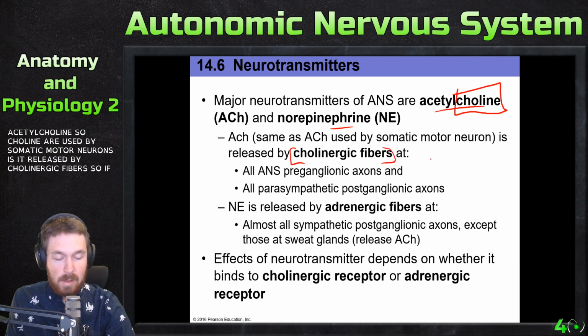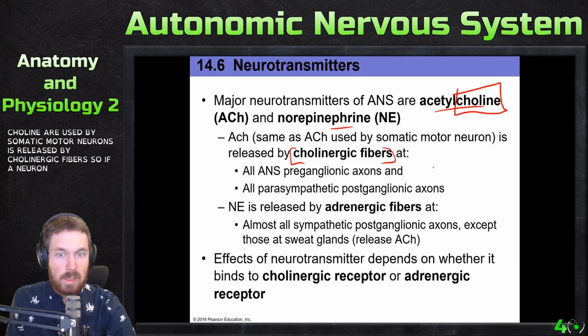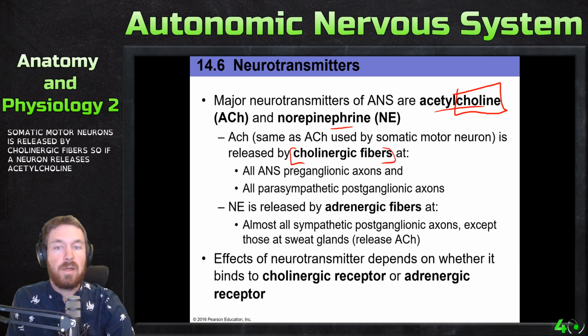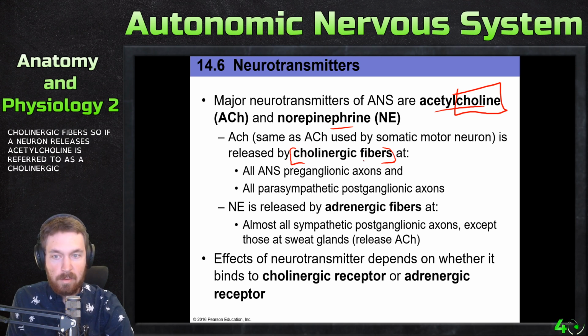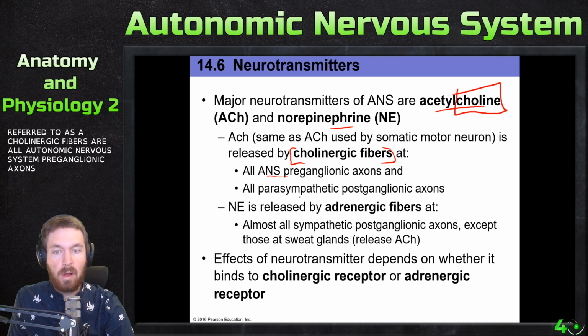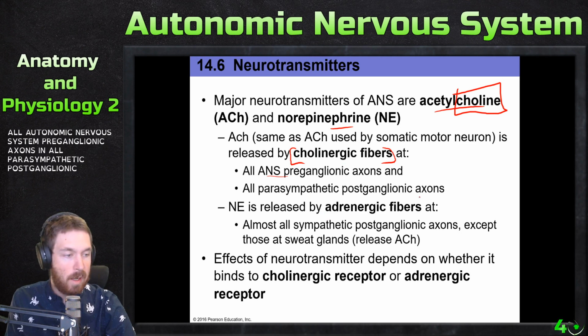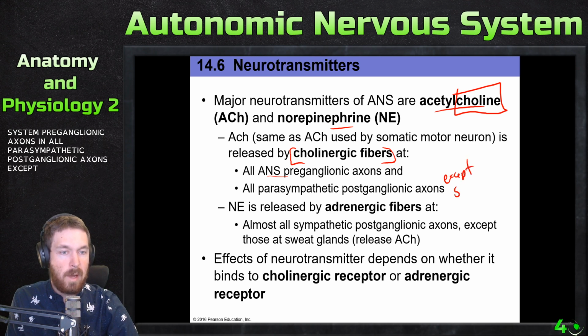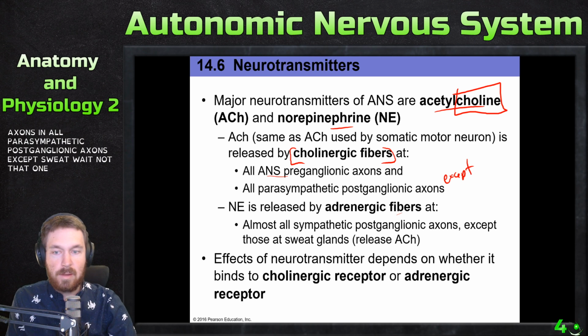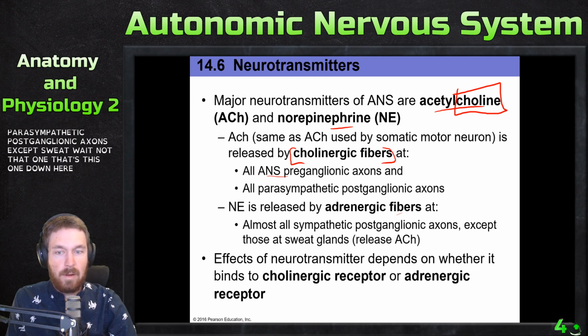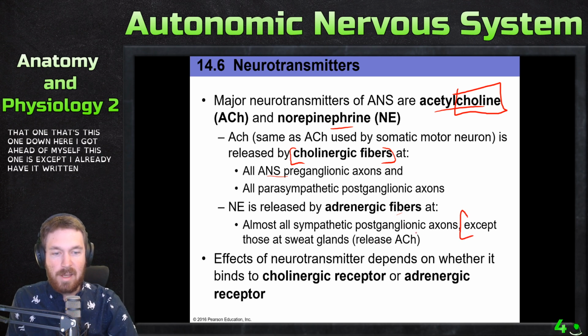If a neuron releases acetylcholine, it's referred to as a cholinergic fiber. So all autonomic nervous system preganglionic axons and all parasympathetic postganglionic axons, except sweat. Oh, wait, not that one. That's this one down here. I got ahead of myself. This one is except, I already have it written, except sweat glands.